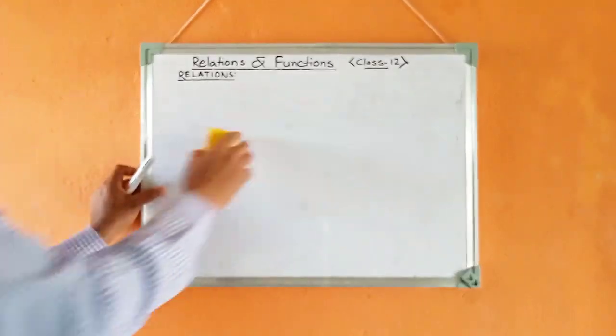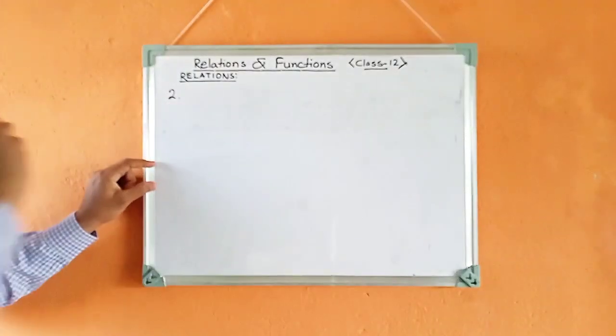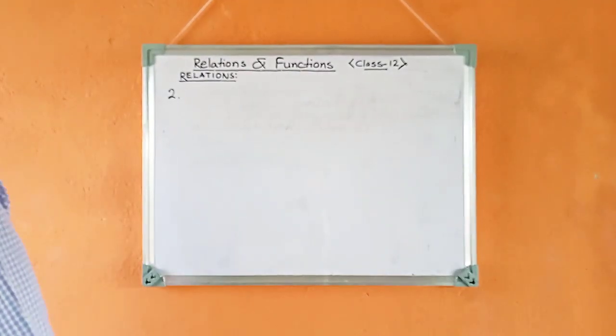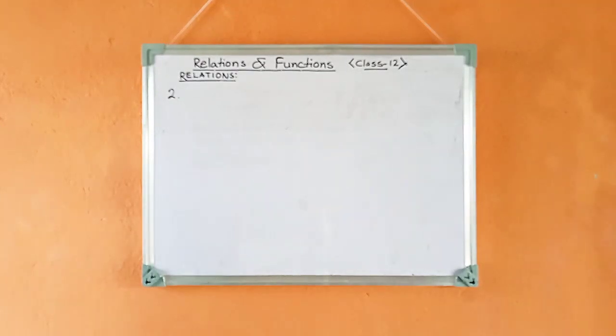Listen to the question first. Example number 2. The question is, determine whether the relation is reflexive, symmetric or transitive.